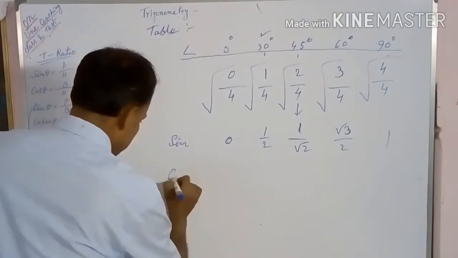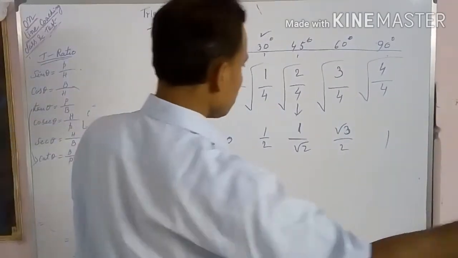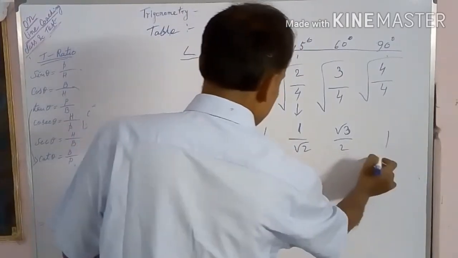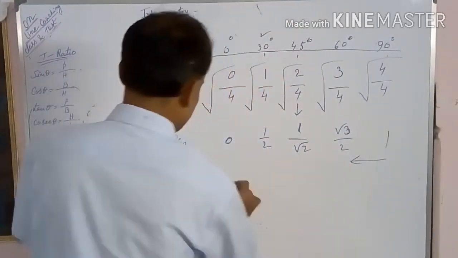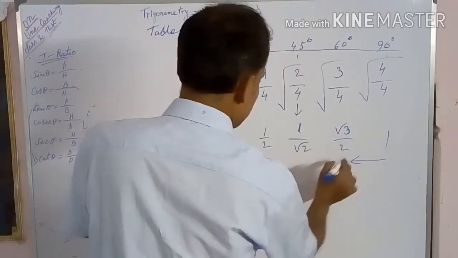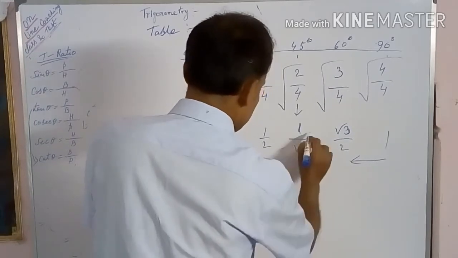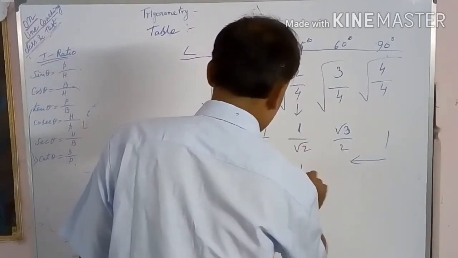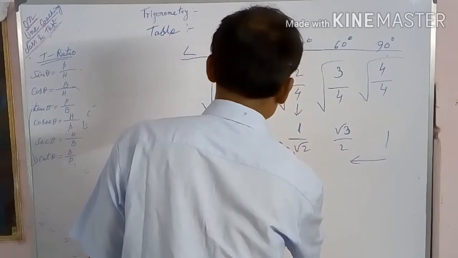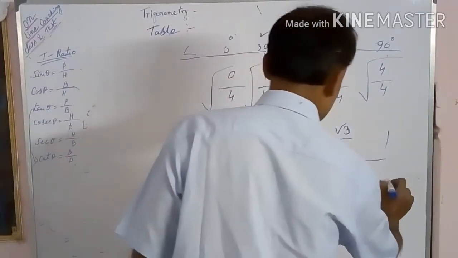In the case of cos theta, the cos angles, write them down in the opposite direction. Cos 0 degree is 1, cos 30 is root 3 by 2, then cos 45 is 1 by root 2, then cos 60 is 1 by 2, then 0.